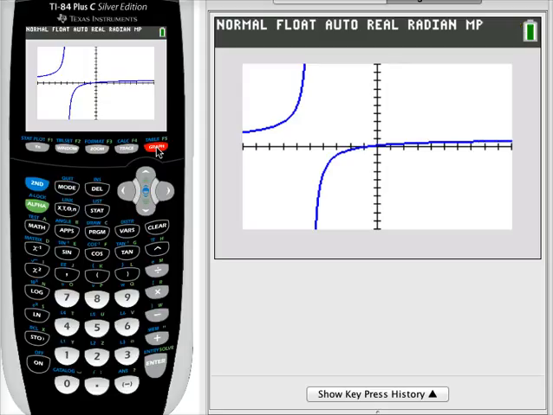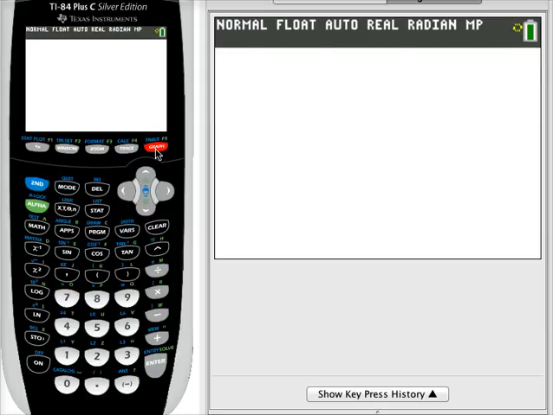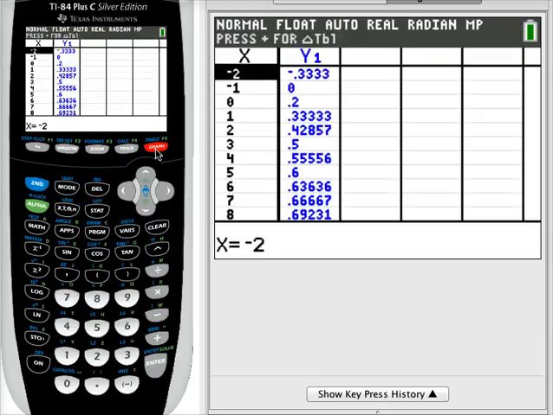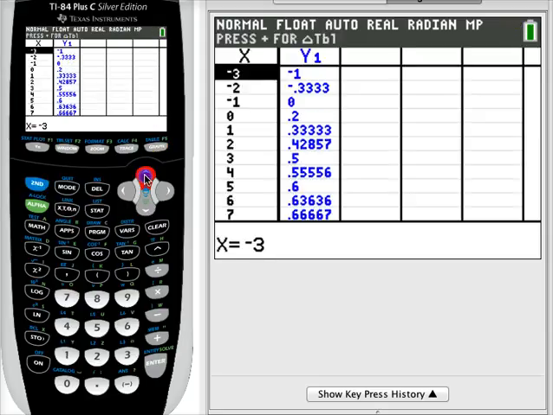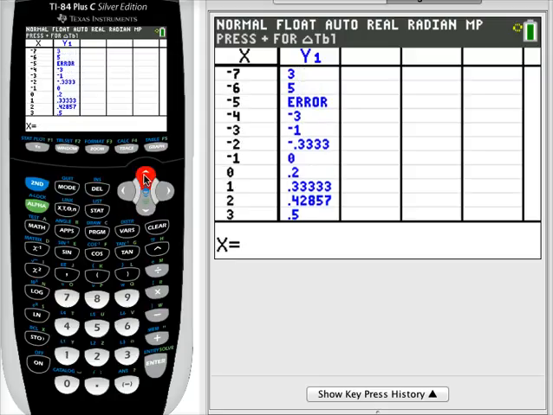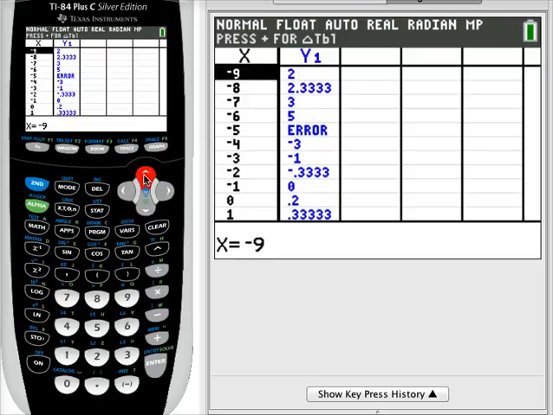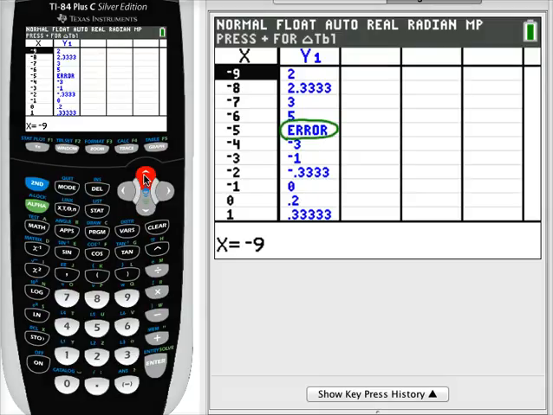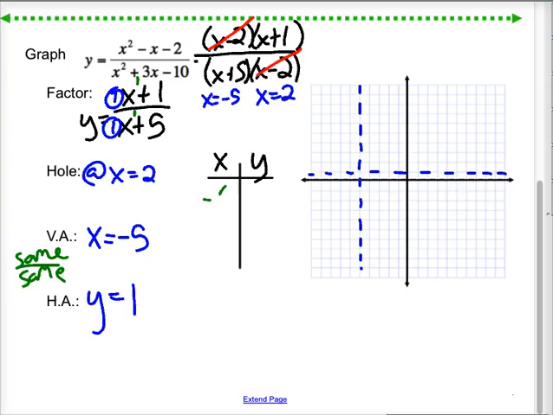So now I want just a few points just to see where we're looking at. And I'm going to go close. So see that error? That error means that's where my asymptote is. All right, so I'm just going to take a point on the left, point on the right, basically just like we did when we were graphing before. That's what I've been doing, just picking points around the asymptote. So I get negative 6, 5.